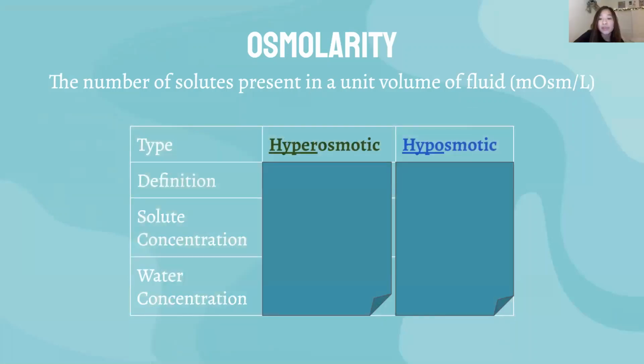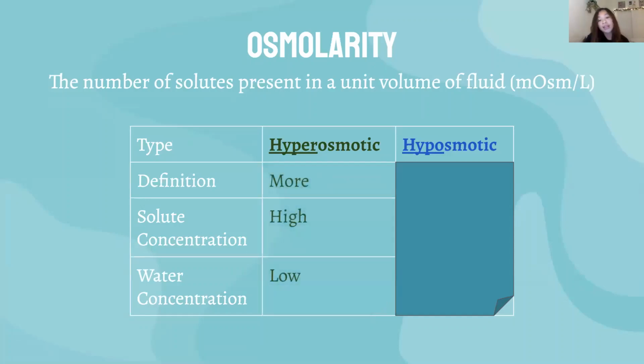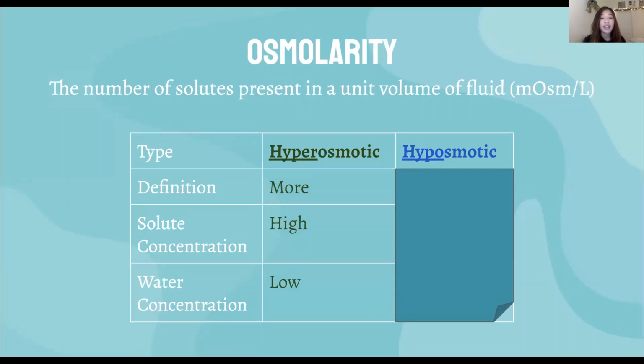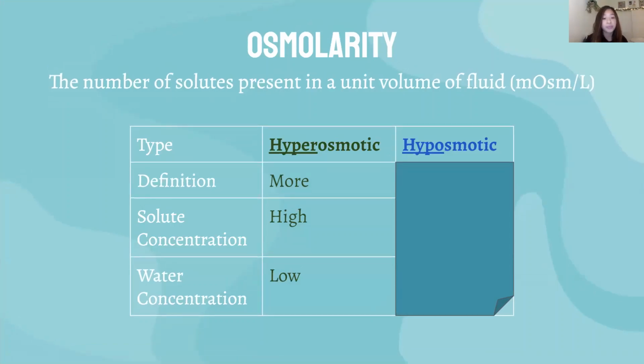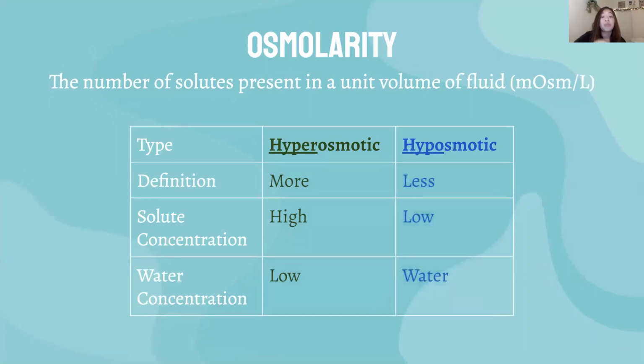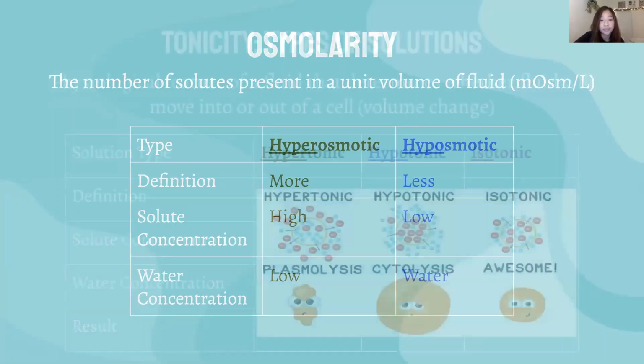Here's a table that compares hyperosmotic versus hypoosmotic. Hyperosmotic is a higher solute concentration with low free water concentration. And hypoosmotic is a lower solute concentration with a higher free water concentration.